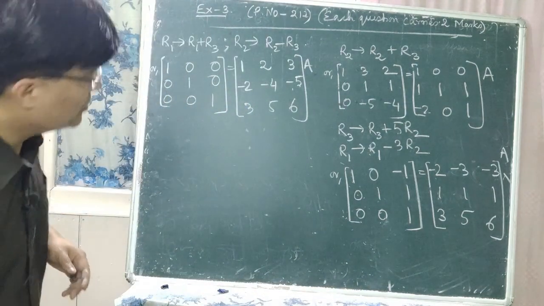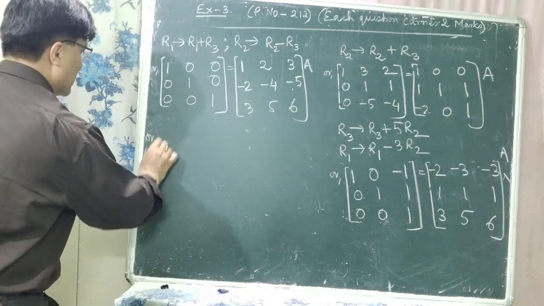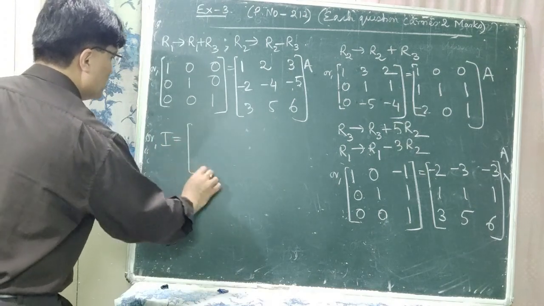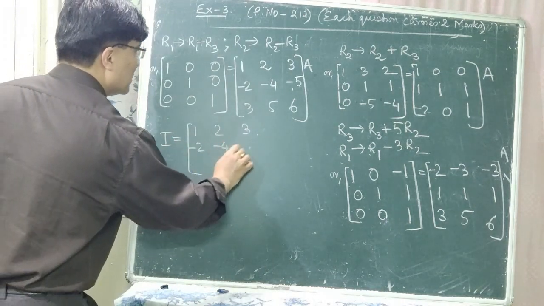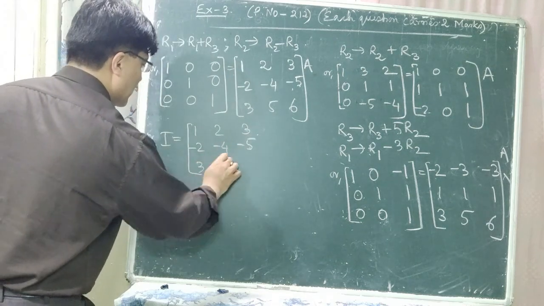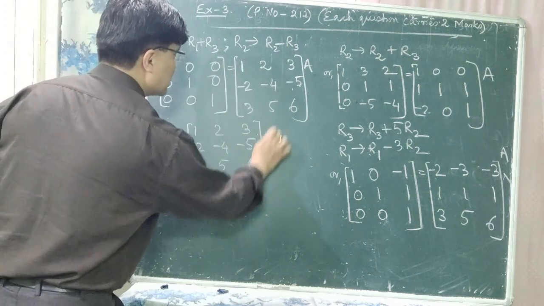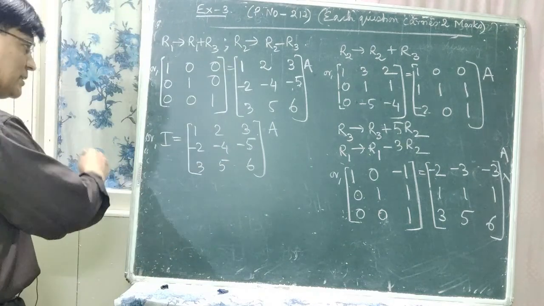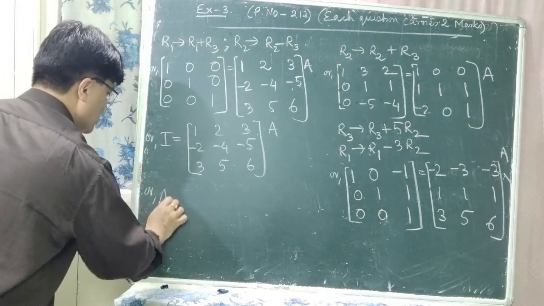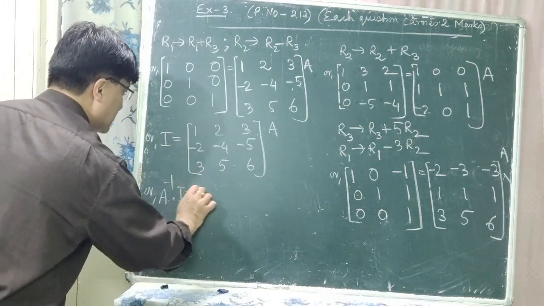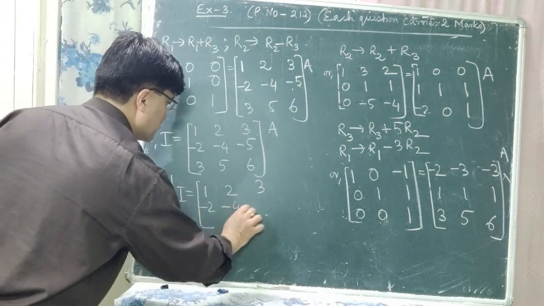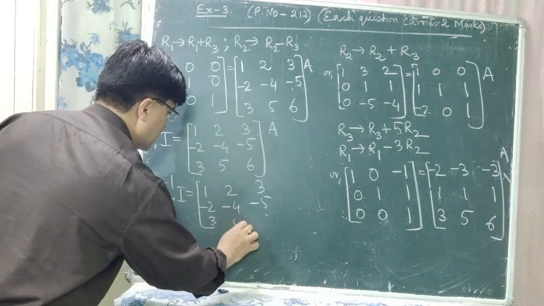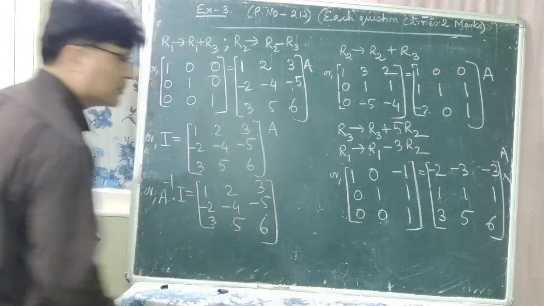So now in this case, the left hand side is I, which is equal to this matrix 1, 2, 3, minus 2, minus 4, minus 5, and 3, 5, 6, and this is your A. Take A to the left hand side, so it becomes A inverse dot I is equal to 1, 2, 3, minus 2, minus 4, minus 5, and 3, 5, 6.